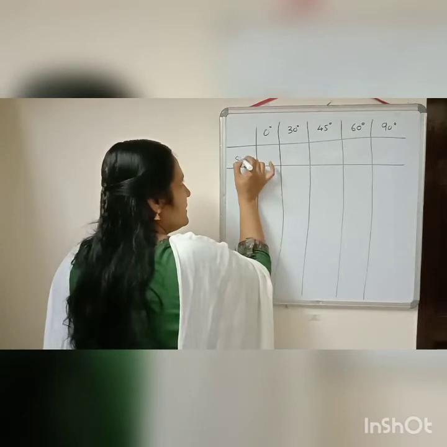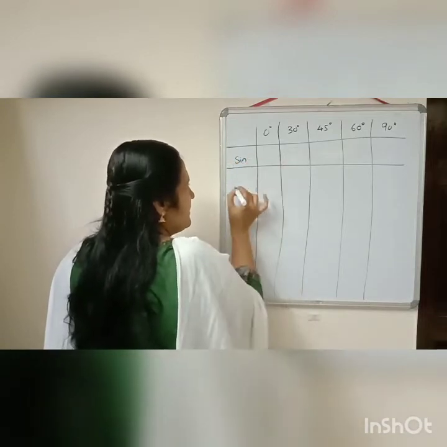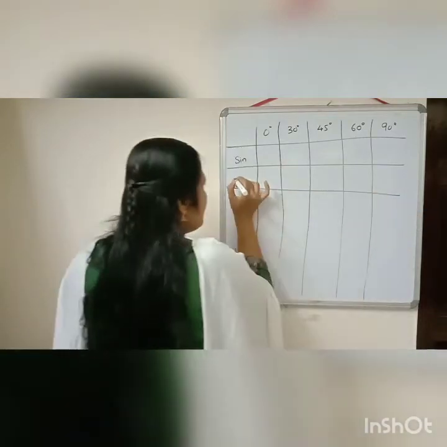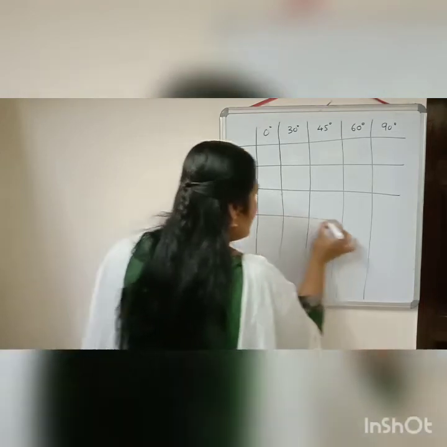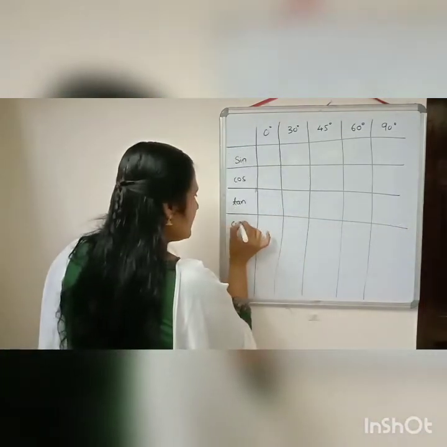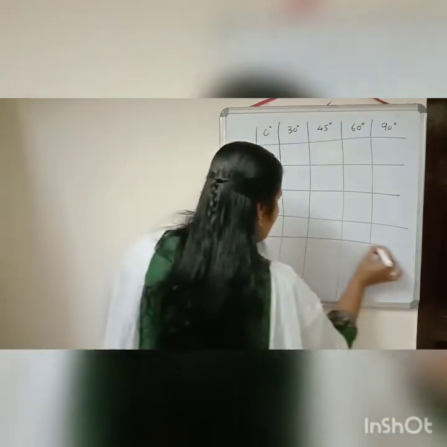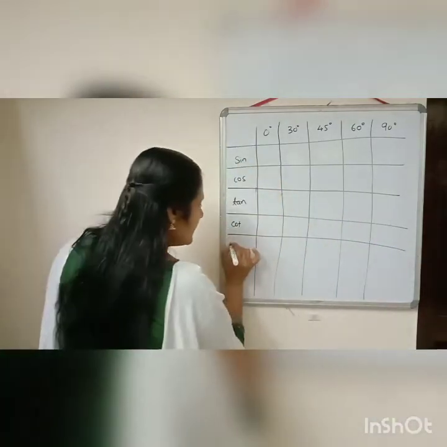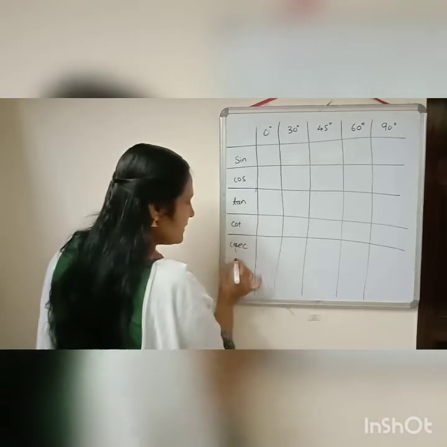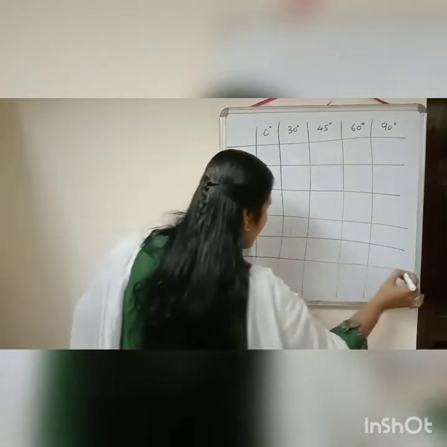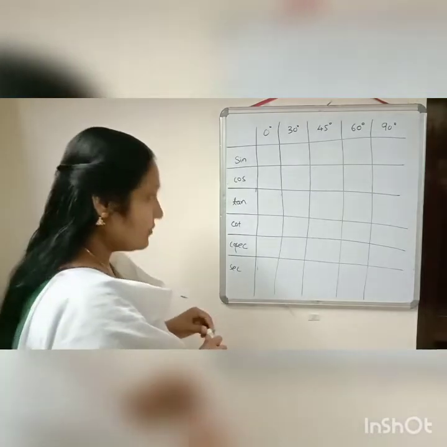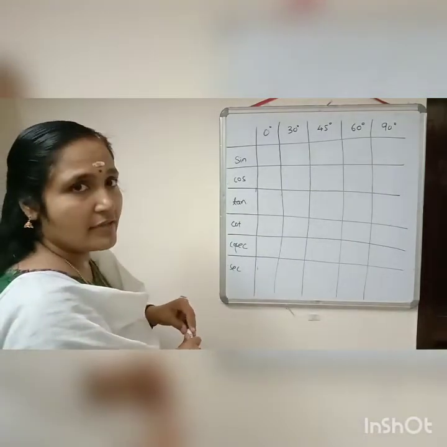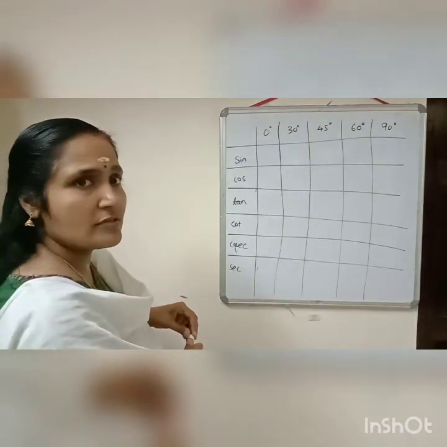So first here it is sine, then cos, then we can write for tan, and then for cot we can write here only. Then reciprocal of sine theta is cosec theta, so that's why we can write cosec theta, and then at last we can write for sec theta. So for this already we derived there, so we can write down all the values.